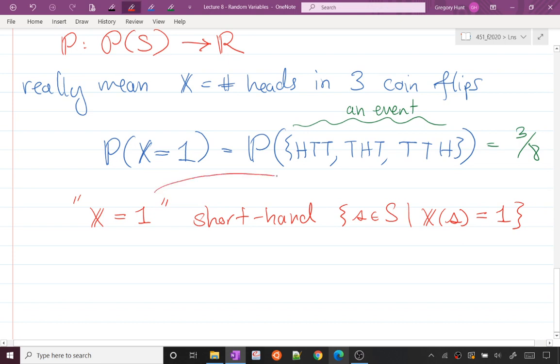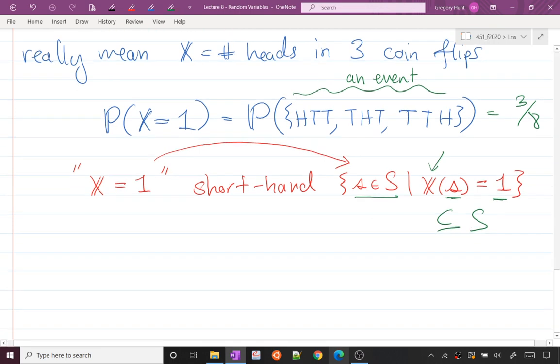So x is equal to 1 is really just shorthand for the event of all outcomes such that when I plug my outcome into my random variable, which is a function, I get 1. Now that's something we can work with, because this is a subset of the sample space. It's an event proper. We know how to plug that into the probability function. We know that that's rigorously defined.